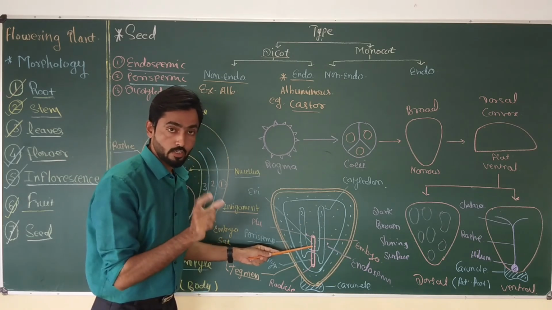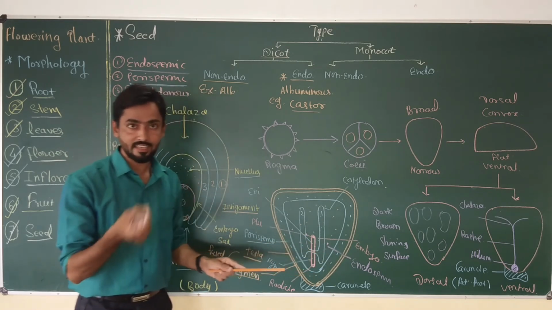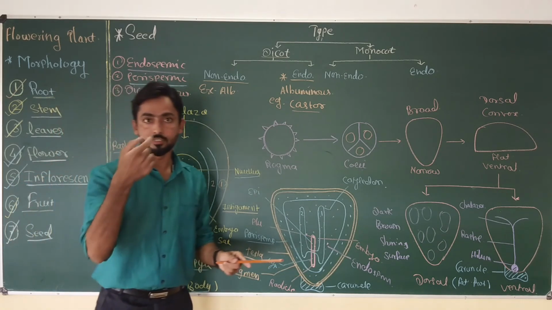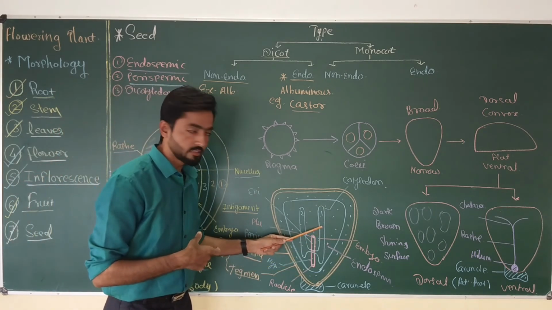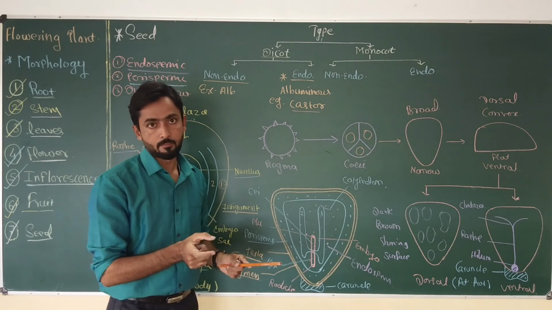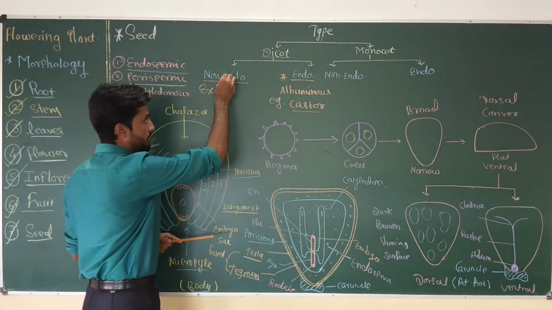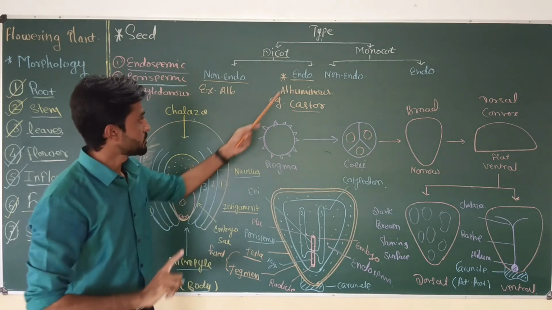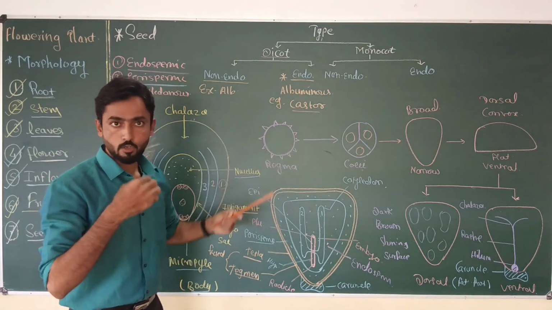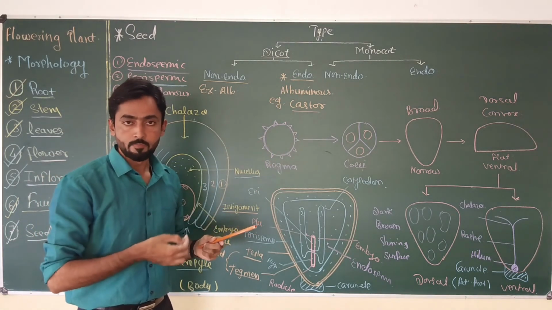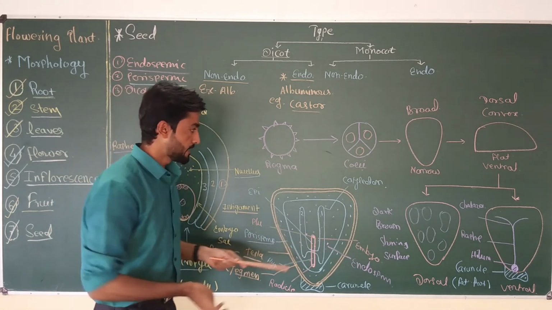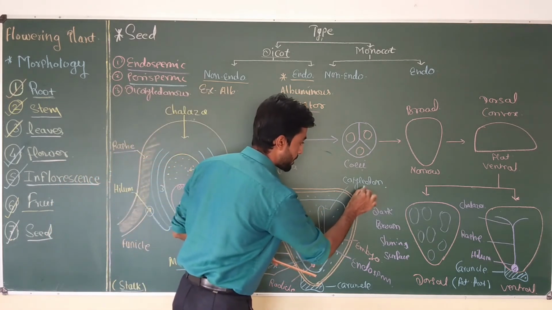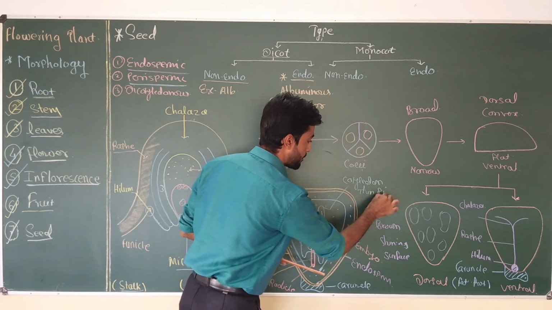In this case, cotyledons do not generally carry nutritive tissue inside them, so they are thin and papery. Okay, in the case of a non-endospermic seed, cotyledons are thick and fleshy. But in the case of an endospermic seed, as endosperm is present as a nutritive tissue, the cotyledons get reduced and they become thin and papery.